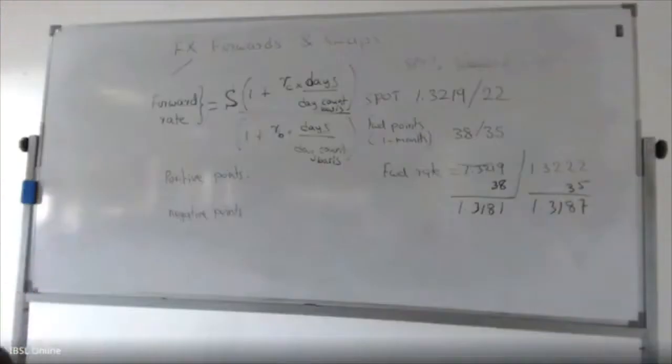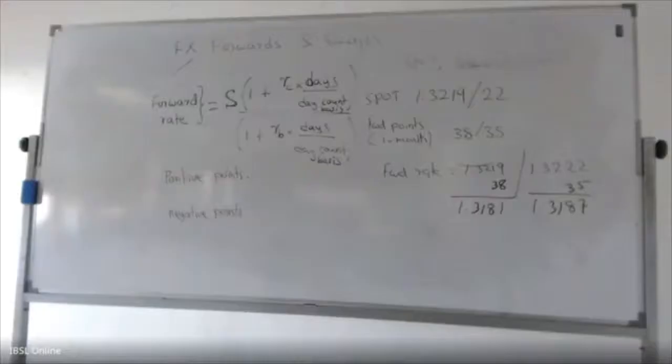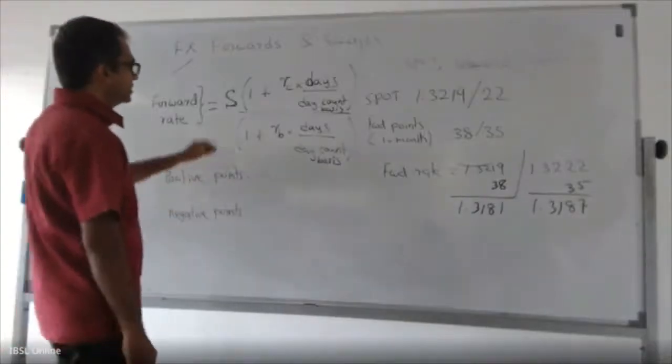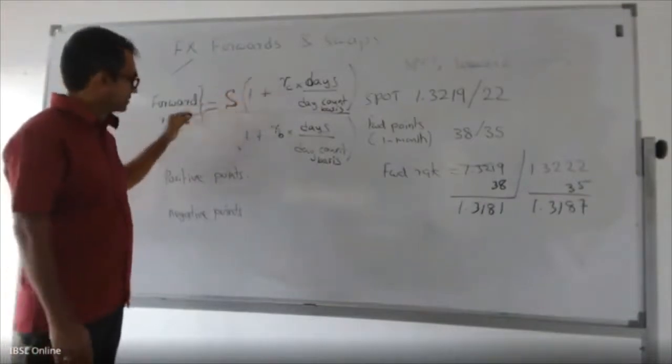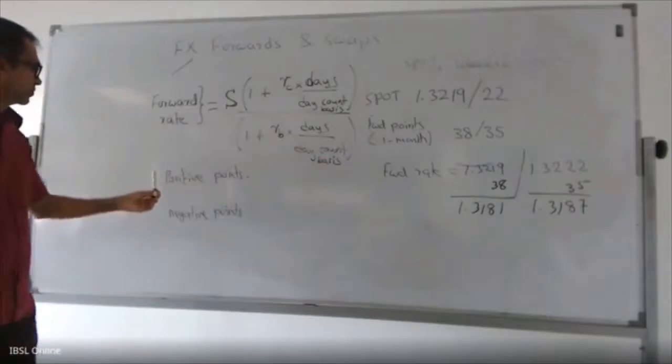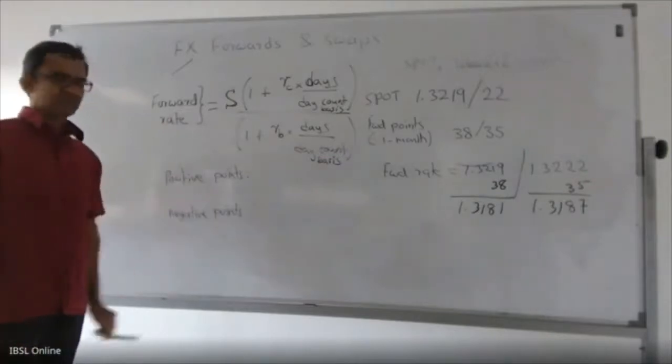Positive we get when the forward rate is higher than the spot rate. Yes, but I am asking, what's the reason? The difference between the interest rates. Yes, that depends on the relationship between these two interest rates. So, what should the relationship be to get positive points?